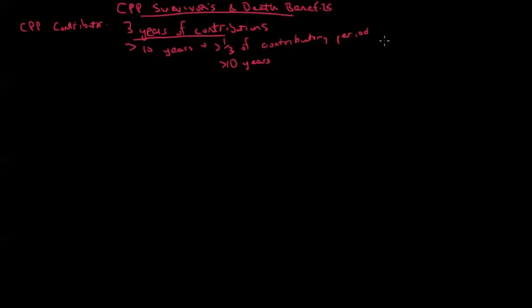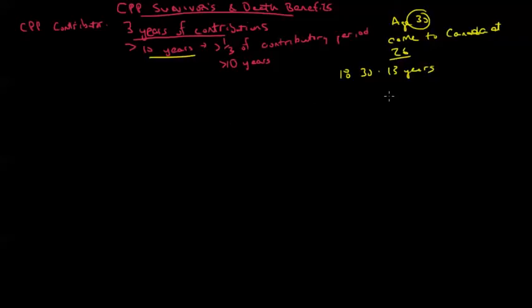So let's say that we have somebody who is age 30 and came to Canada, let's say at age 26. So this person dies at age 30, unfortunately, and we would look at that and we would say, okay, from 18 to 30, that's 13 years. 13 is obviously more than 10.